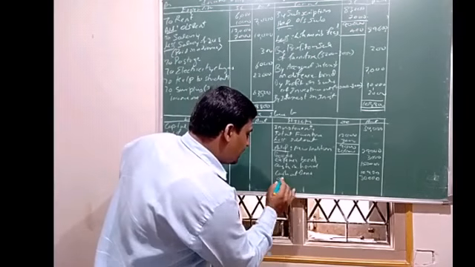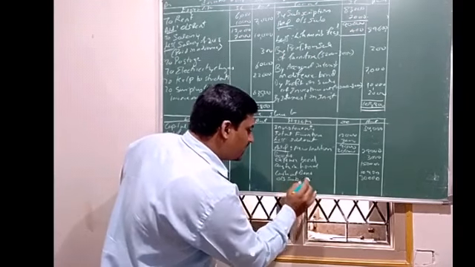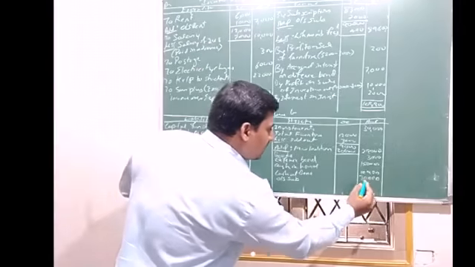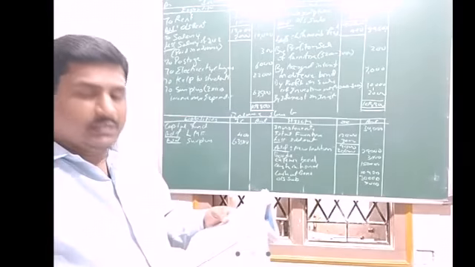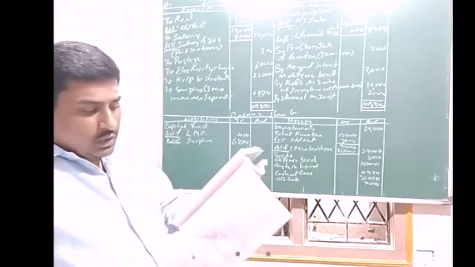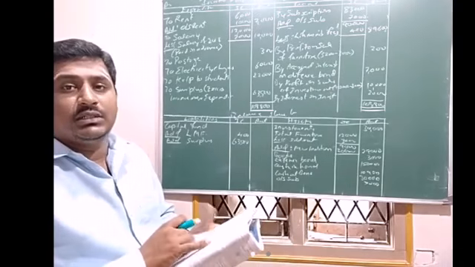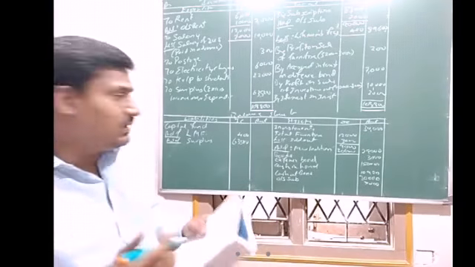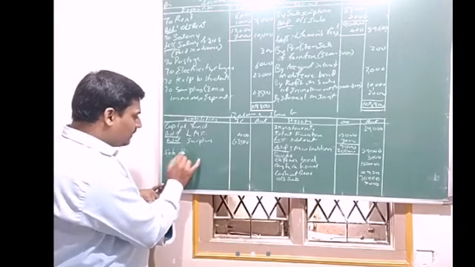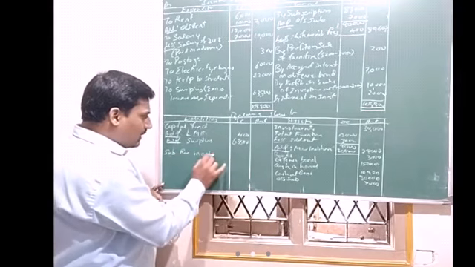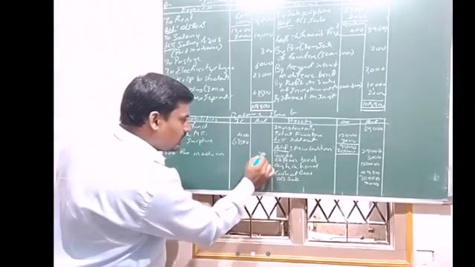I will write here outstanding subscriptions rupees 7,000. And in the receipt and payment account, they have mentioned for 2018, 3,000. That is subscriptions received in advance. That comes on the liability side. Subscription received in advance 3,000.